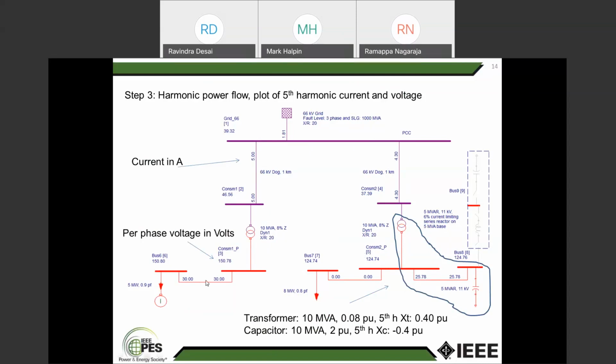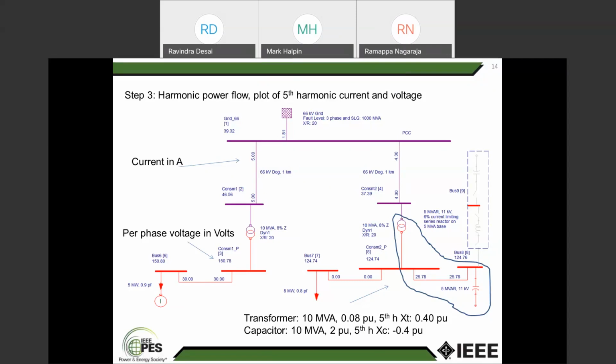When this consumer is injecting the current here, that capacitor along with the inductor may resonate at the fifth harmonic, and the entire harmonic current gets absorbed here. What is the effect? There can be overheating in that capacitor because of the current, and also deterioration of the insulation level because of the voltages. That is what we need to check here.